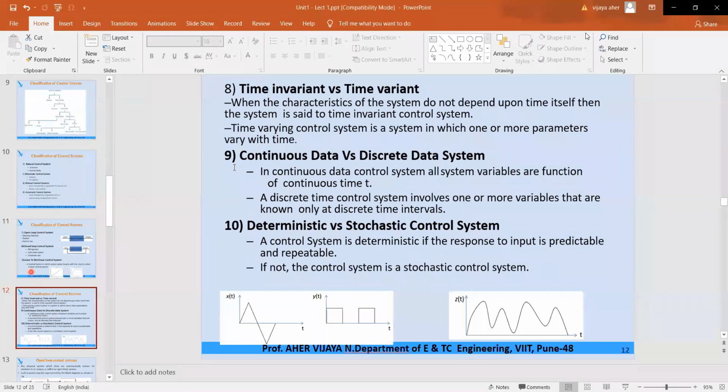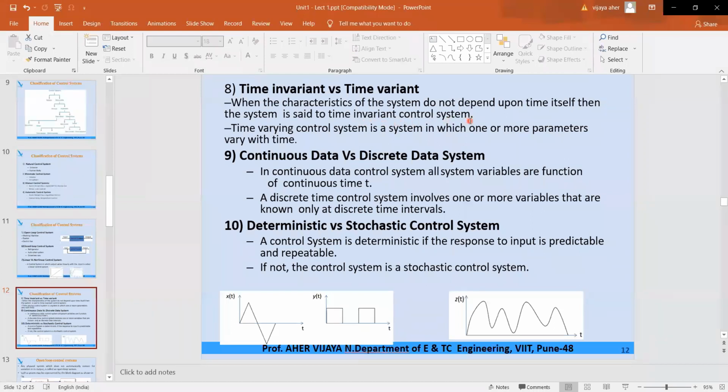Next type: time invariant versus time variant. Better to write in your notebook what is time invariant and time variant system. When the characteristics of the system do not depend upon time itself, then the system is said to be a time invariant control system.